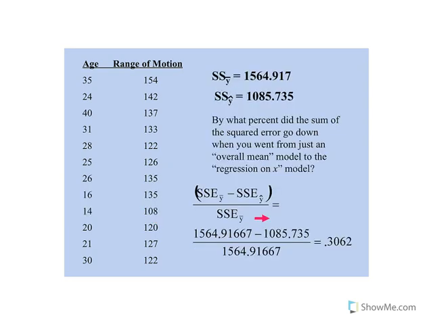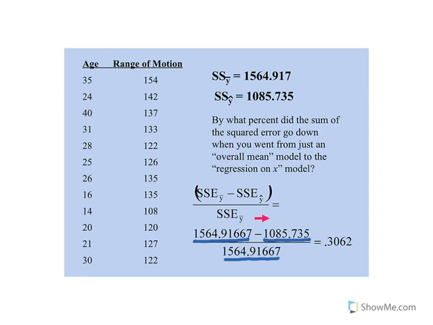We can actually calculate this. We can take the difference in the errors using the sum of the squared error for y bar minus the sum of the squared error for y hat, and we can see how much that went down, and then we divide by our original sum of the squared errors for y bar.